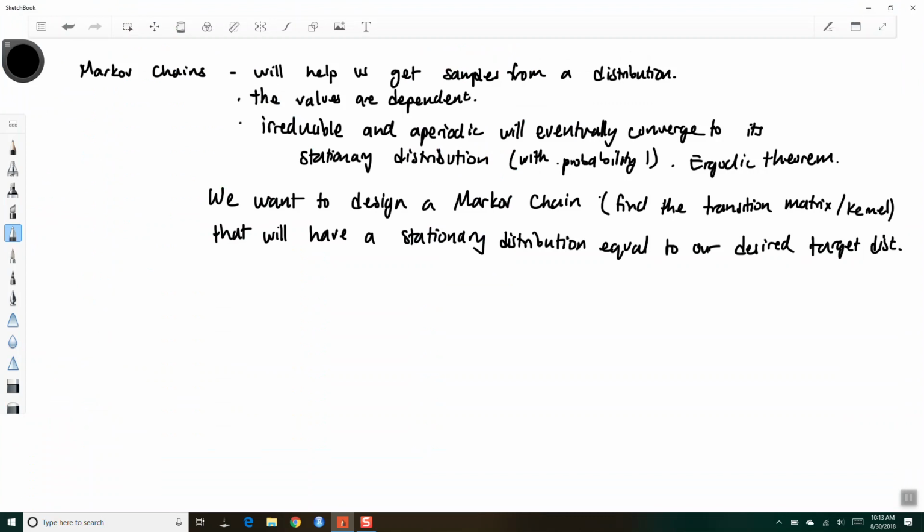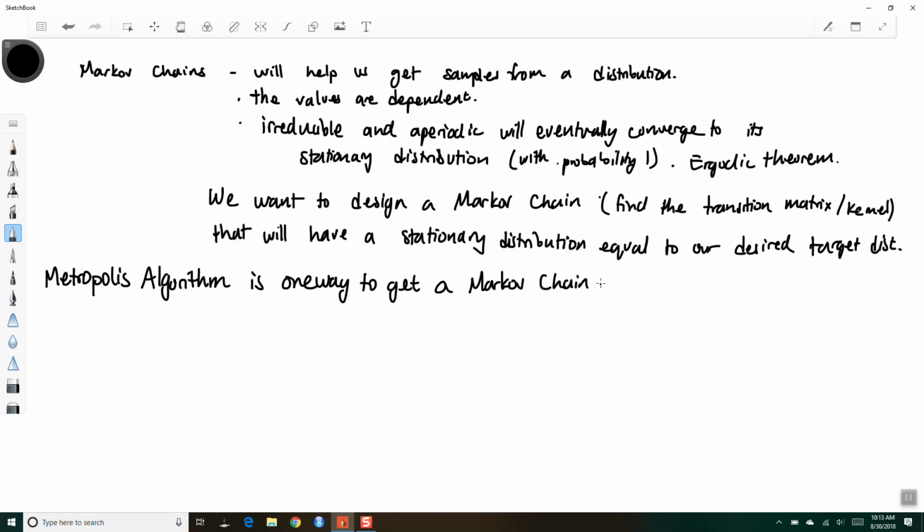So we said the Metropolis algorithm is one way to get a Markov chain where the stationary distribution is equal to our target distribution.